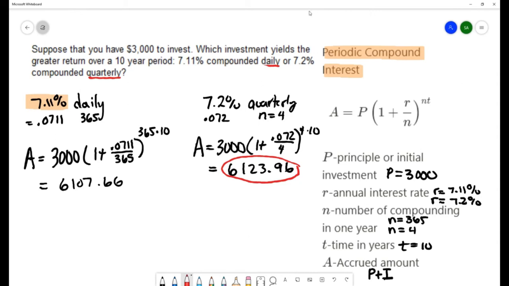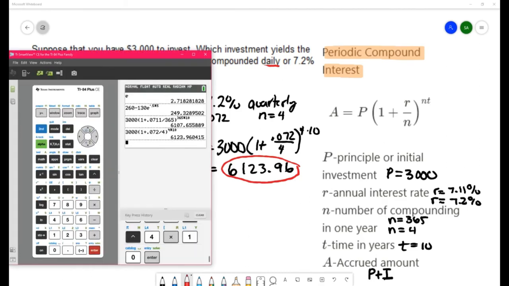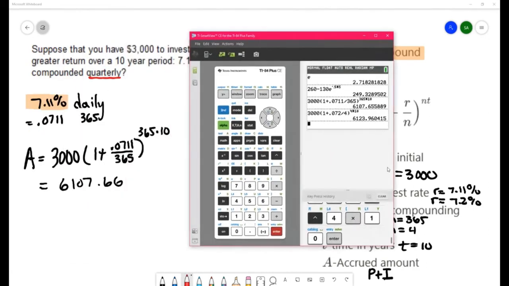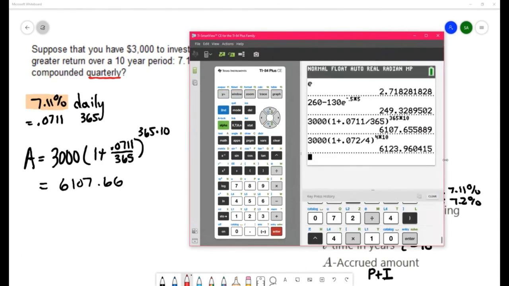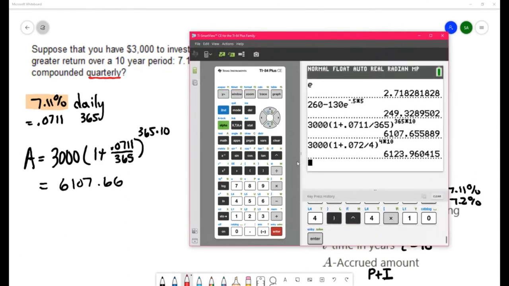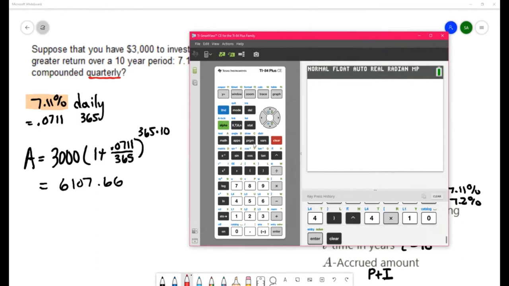Now, if we allowed for a longer period of time, that might not be the case. So I just wanted to come back with the calculator for a second. And in case you don't have a calculator that will allow you to type everything in all at once, I want to show you how you can use your calculator and follow order of operations.